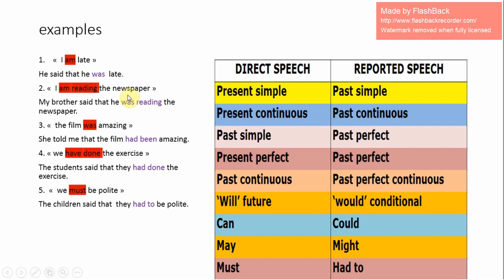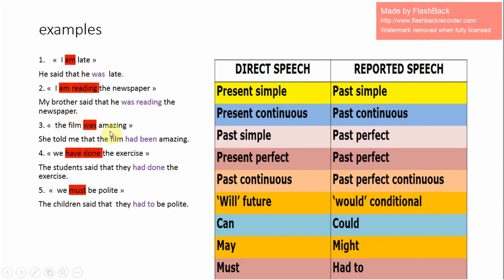I'm reading the newspaper. أنا أقرأ الجريدة. Newspaper. I'm reading. So this is the verb to read in present continuous, and present continuous should turn into past continuous, sorry. My brother said that he was reading the newspaper.